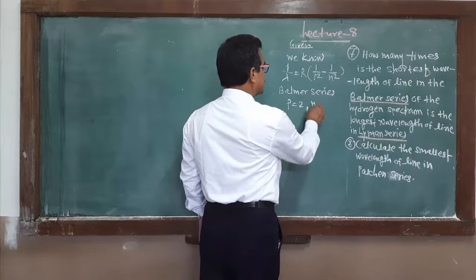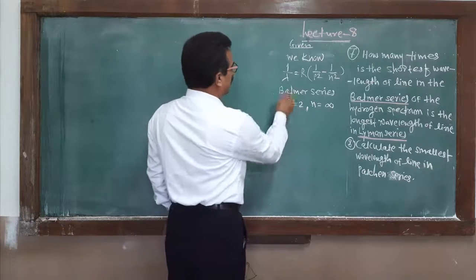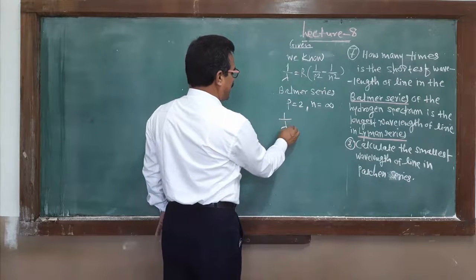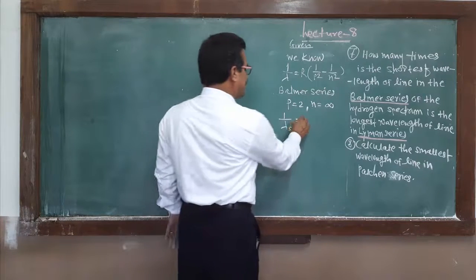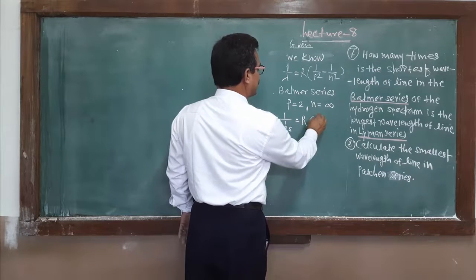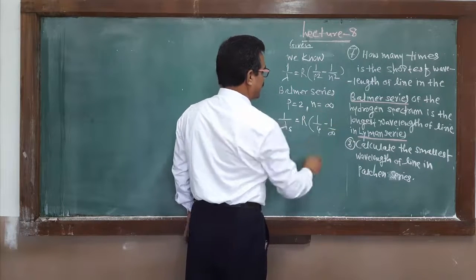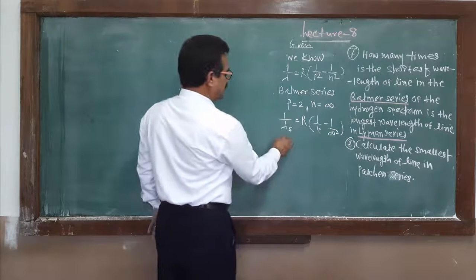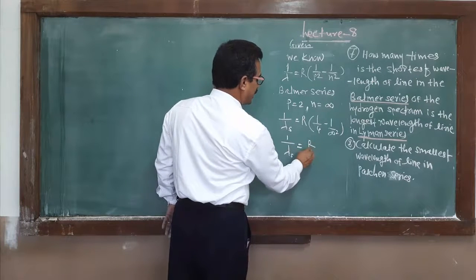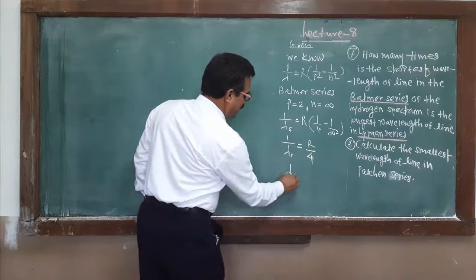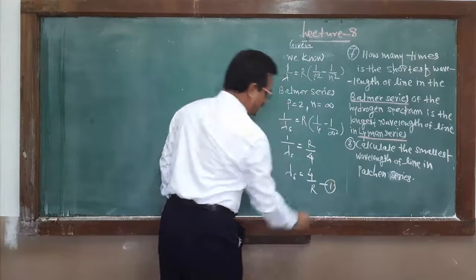Shortest wavelength means n is equal to infinity. And shortest means 1 upon lambda S is equal to R in bracket 1 upon 4 minus 1 upon infinity square. Means 1 upon lambda S is equal to R divided by 4, or lambda S is equal to 4 divided by R. Call this equation first.